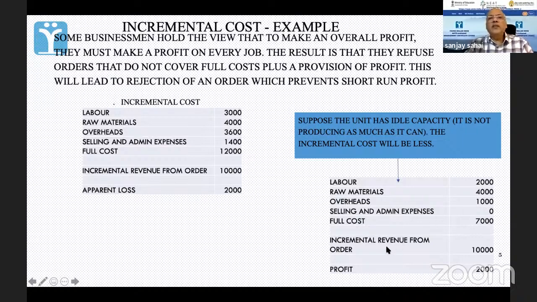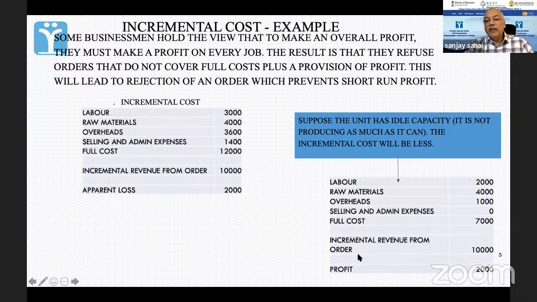Selling and administrative expenses in any case are covered. The amount required to sell 1,000 units is going to be the same as the amount required to sell 1,200 units. It's not as if you're going to get new salesmen or put in a new infrastructure, nothing like that. It's going to be the same. So the full incremental cost actually comes to only 7,000.